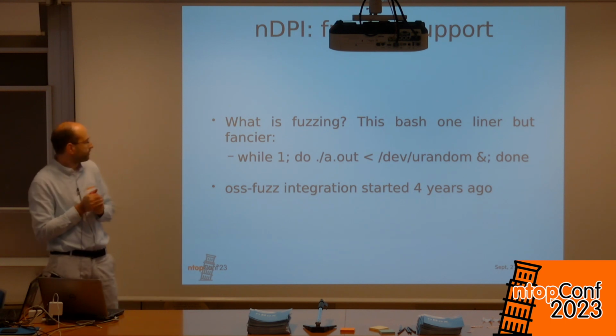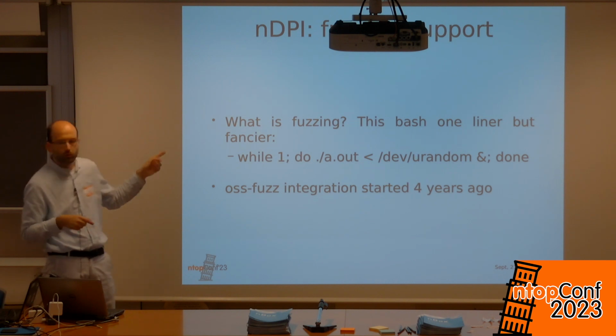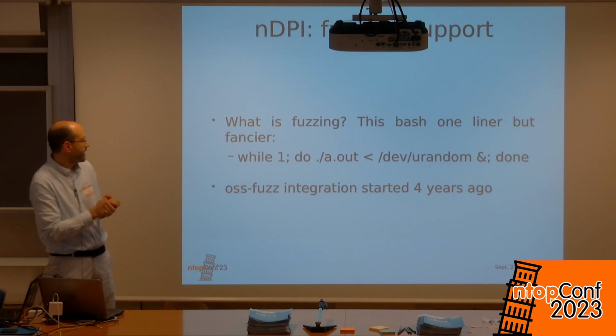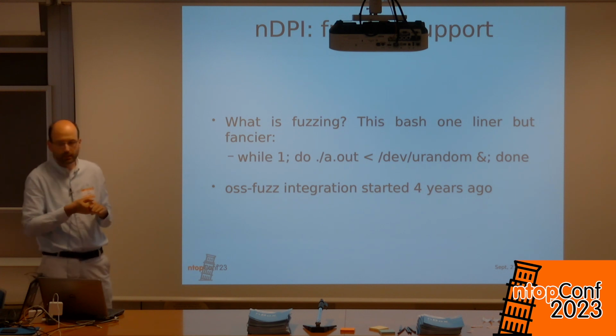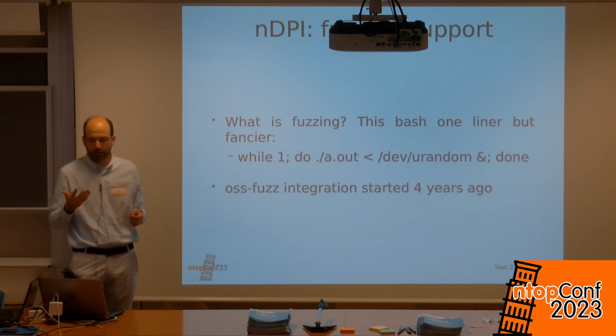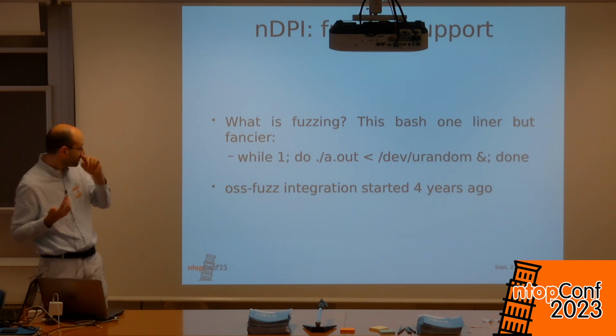Yesterday, Riccardo already told you everything about fuzzing and OSS-Fuzz. Fuzzing is basically a testing technique where you check your application's behavior when random bytes are used as the input.